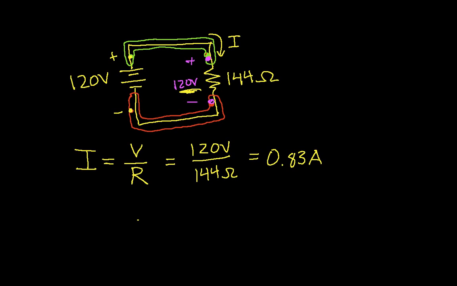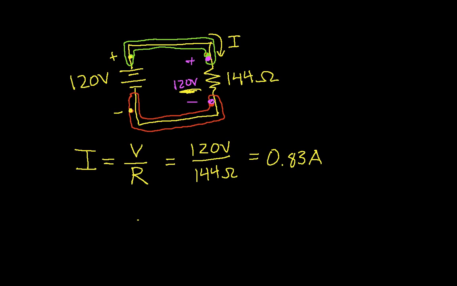So Ohm's law tells me that because I have a resistor with a resistance of 144 ohms, and I put a voltage of 120 volts across it, this is what the current is. And the voltage source will do whatever it has to do to make sure that the voltage across the resistor is 120 volts. In this case, what the voltage source has to do to make that happen is supply a current of 0.83 amps.